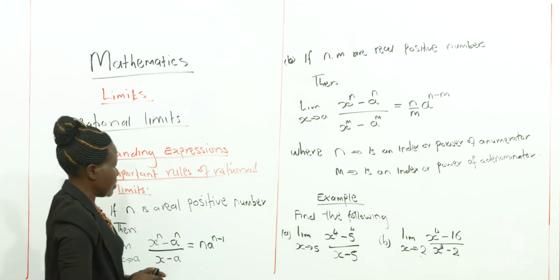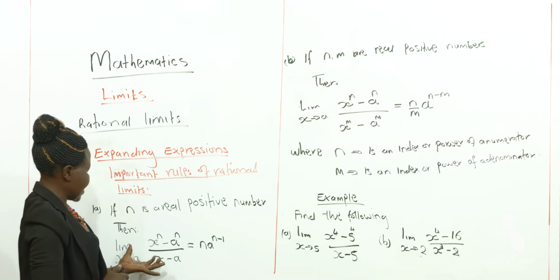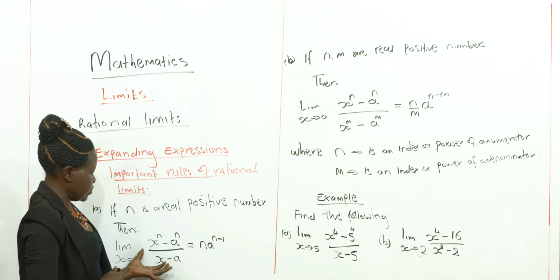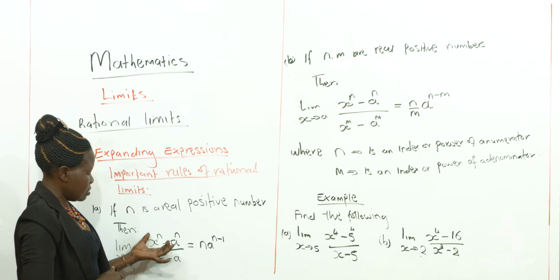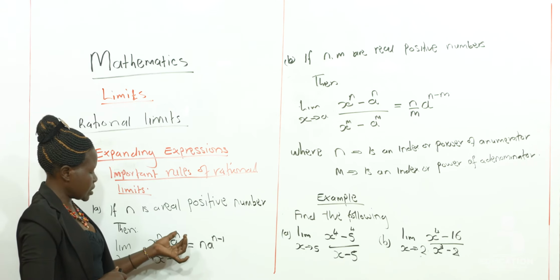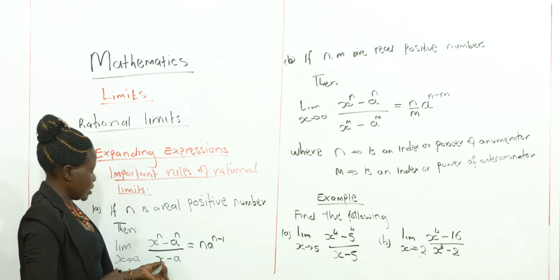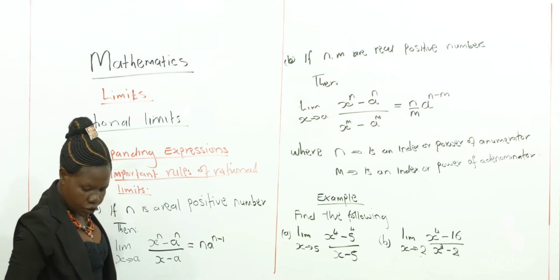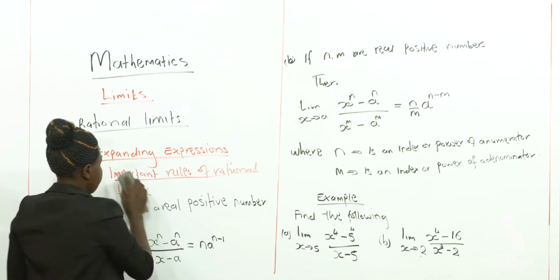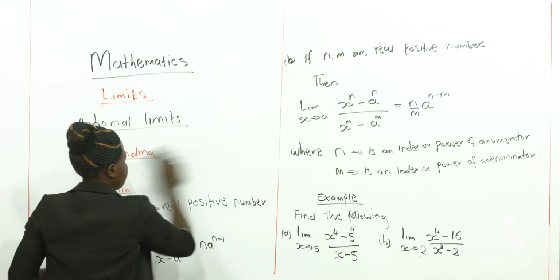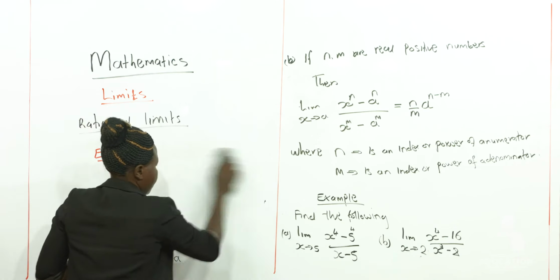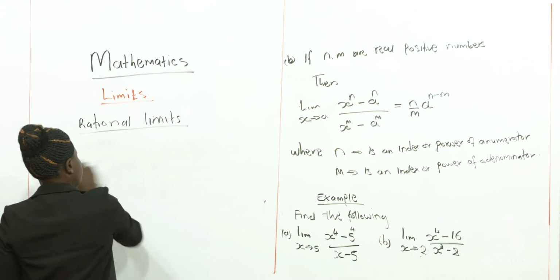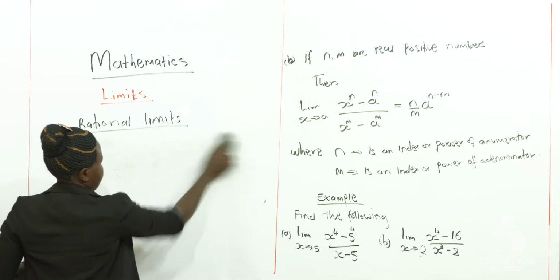You are going to apply the first rule, which is expressed as x raised to n minus a raised to n divided by x minus a, which is n times a raised to n minus 1. So let us get the solution, or apply these two methods in these two examples.